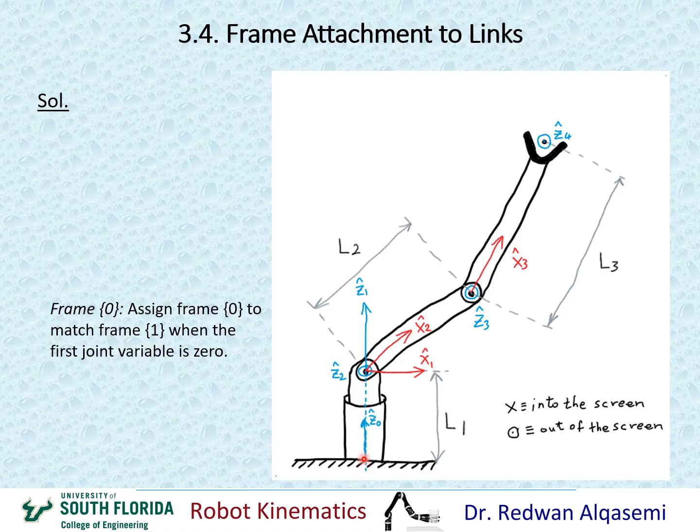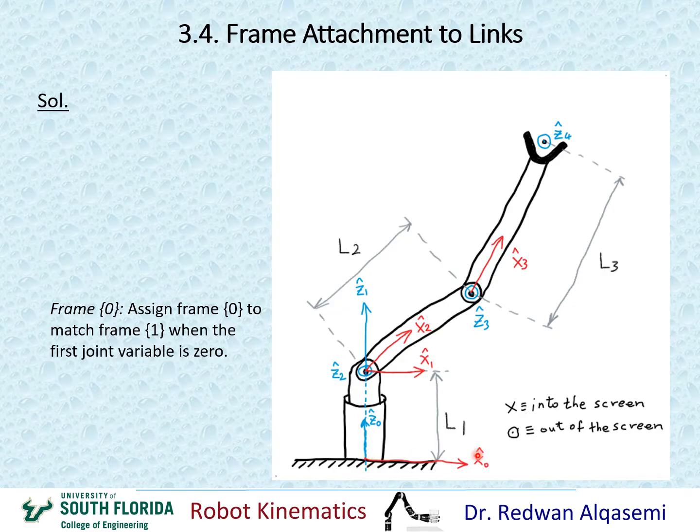Okay, so the x-axis will have to be initiated, of course, from the origin of frame 0. And since I'm assigning the origin to be at this point, I can put x0 assigned in any direction, but it's always advised to assign it similar to x1 so that we can eliminate any future calculations that may not be necessary.